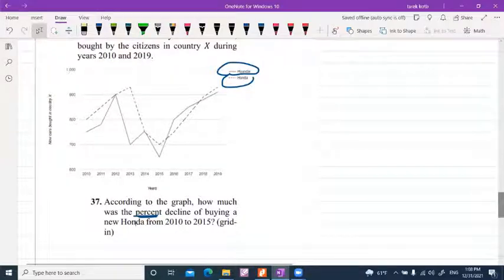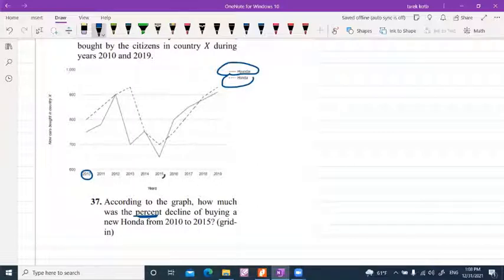This is 2010-2015. At 2010, according to the graph, how much decline by the Honda? Honda means dashed line. It was 800, and then it is 700.